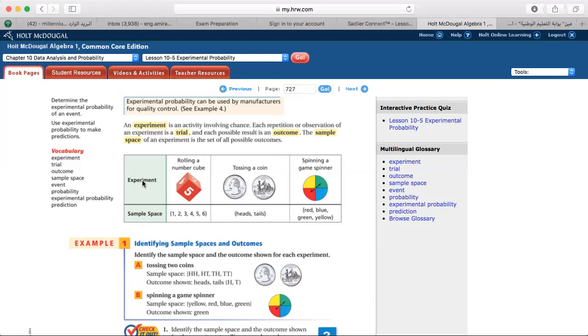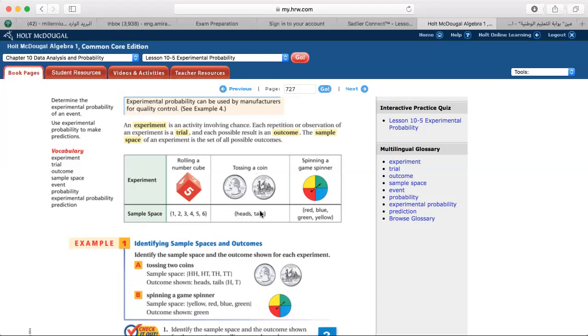Okay, I have another experiment: tossing a coin. I have 2 faces for a coin, a head and a tail. So when I toss a coin, the sample space, the set of possible outcomes, is heads or tails.